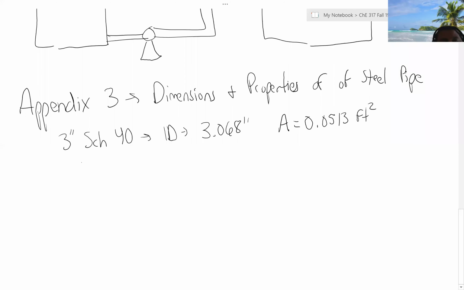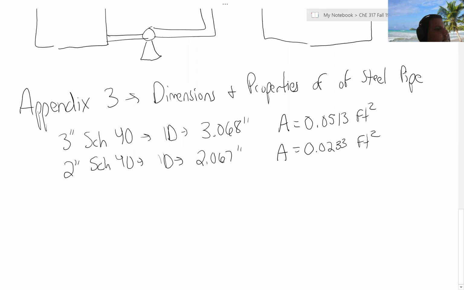A 2-inch Schedule 40 pipe is going to have an inner diameter of 2.067 inches with a cross-sectional flow area of approximately 0.0233 feet squared. So with that in mind, we can look at this system and start developing our solution.